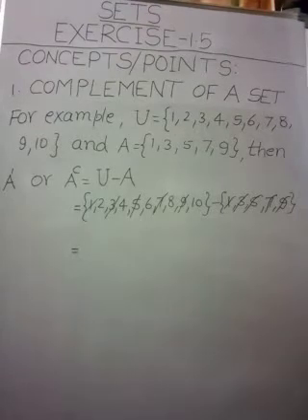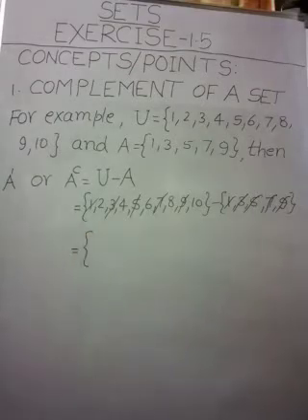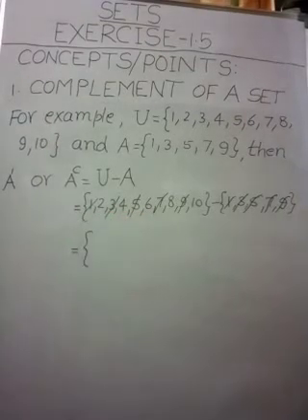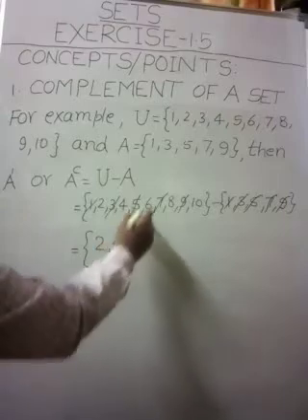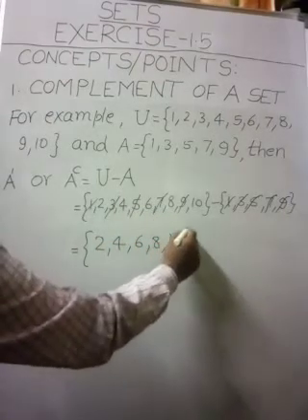After striking out the common elements, we have to write, in set brackets, the elements which are left in the first set. What are the elements left in the first set? 2, 4, 6, 8, 10.